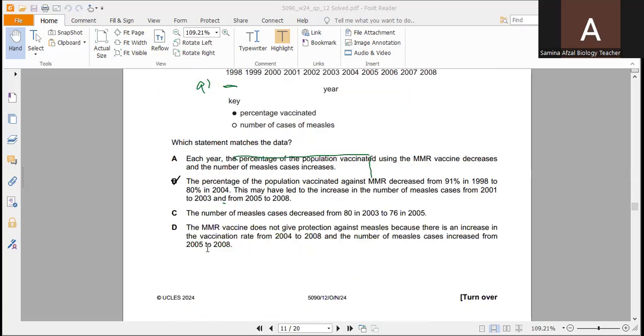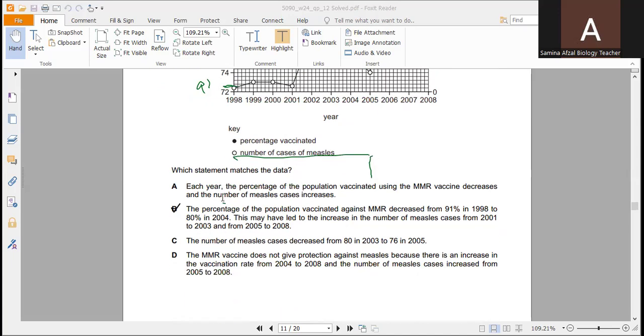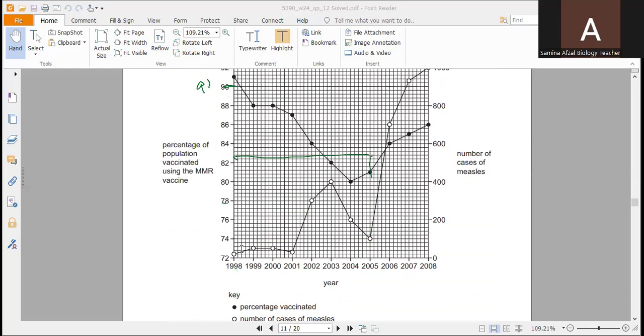The fourth statement, the MMR vaccine does not give protection against measles because there is an increase in the vaccination rate from 2004 to 2008 and the number of measles cases increased from 2005 to 2008. So there is an increase in vaccination rate between 2004 and 2008.